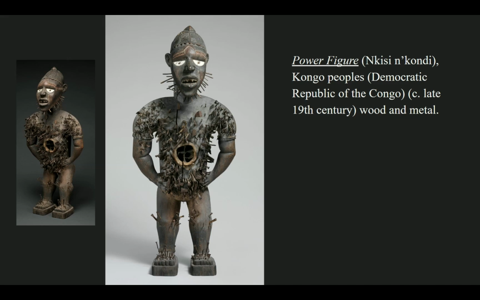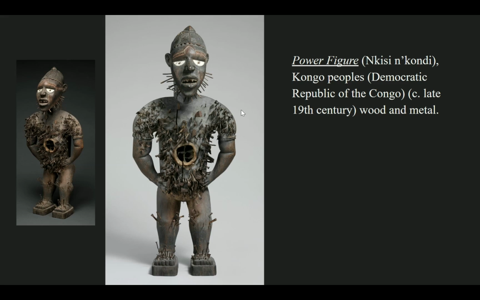So let's say two people agree to do something. If one of those persons backs out of this agreement, then the power figure could be imbued with this spirit, and the spirit would then punish the person who didn't stick to the original agreement.